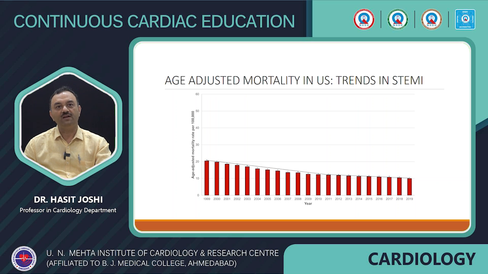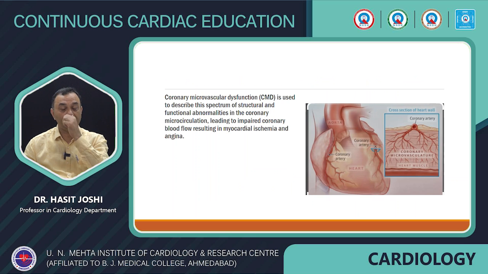So, to find newer avenues of improving this even after primary PCI, we delve deep into the problem and look beyond the coronary epicardial arteries, which we already opened up, and this led to the coining of the term coronary microvascular dysfunction.